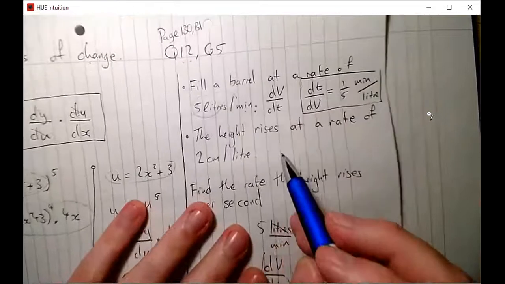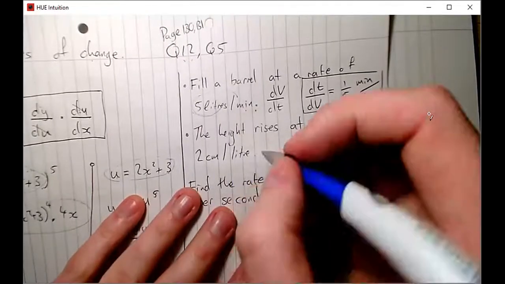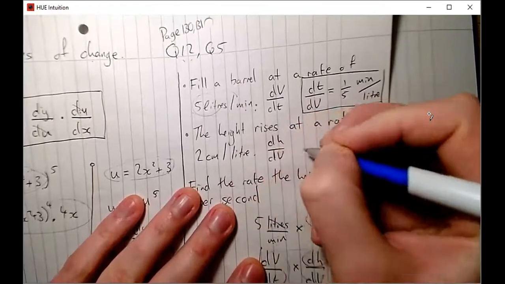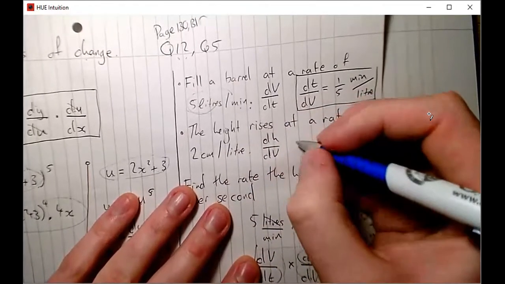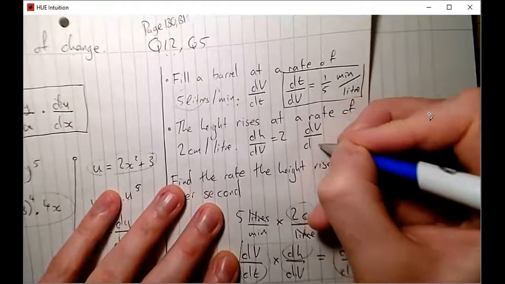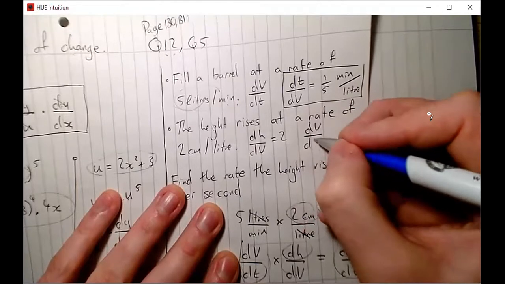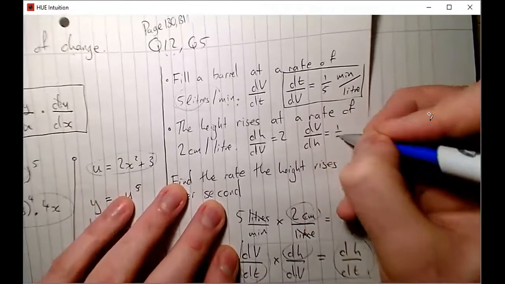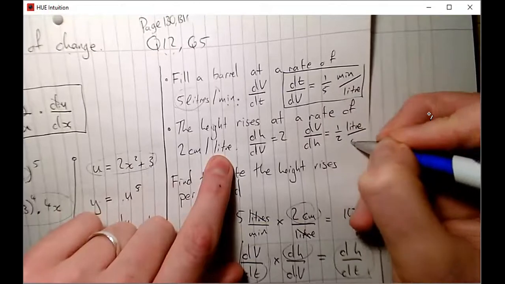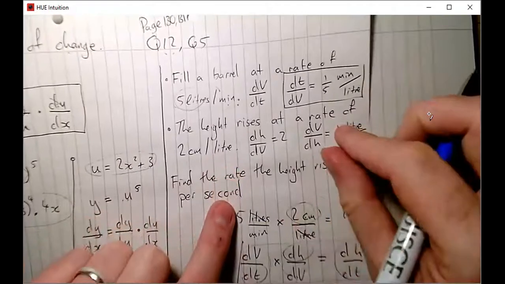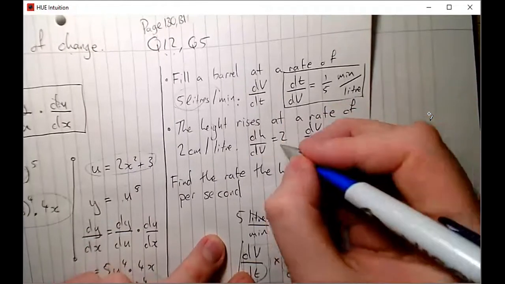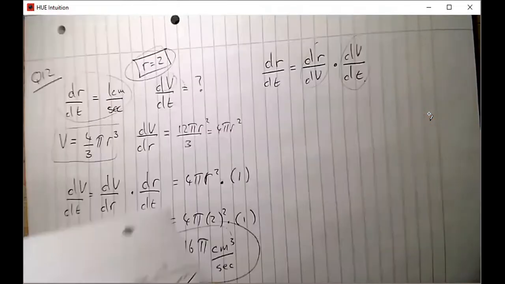Likewise here, the height rises at a rate of 2 centimeters per liter. That's dh/dV. If we're doing it the other way around, it's dV/dh. The rate at which the volume changes with height is 1/2 of a liter for every centimeter that it rises. So you can invert a rate just by flipping the fraction upside down. 2/1 becomes 1/2.